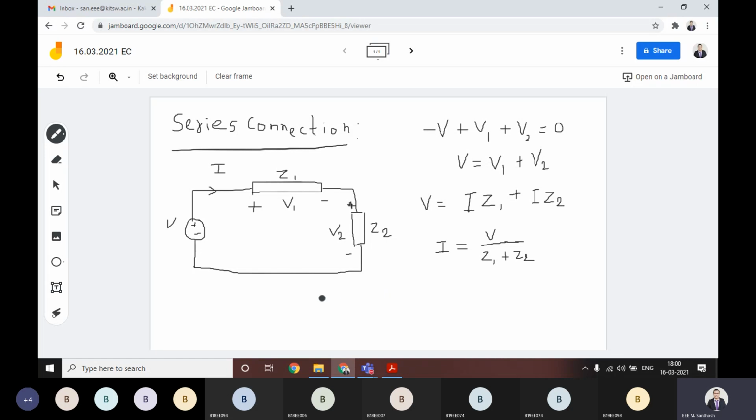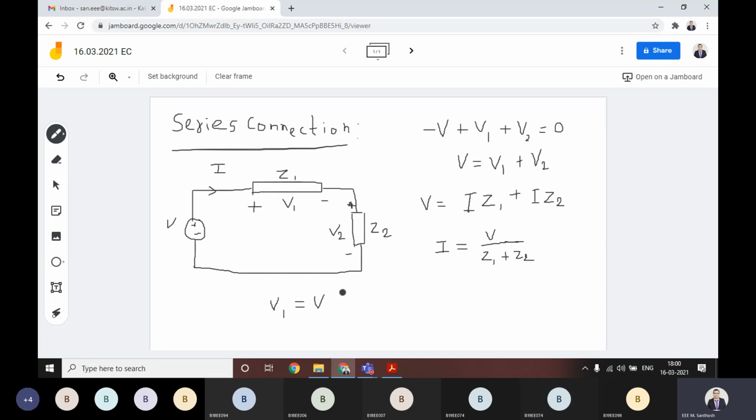Then if you want to find the value of V1, can anyone tell us what it is? You know the value of V, and you know Z1 and Z2. How to calculate the value of V1?